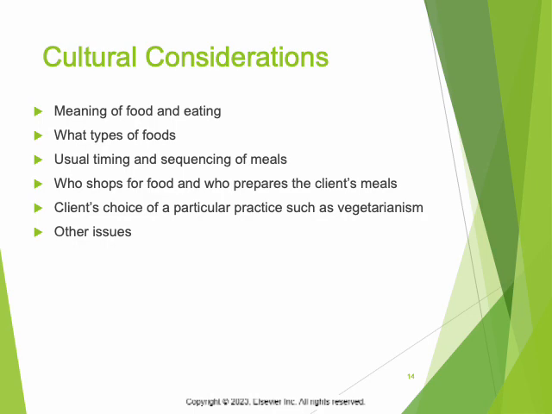Other things to consider is if they have any preferences and limitations of food, so if their choice is to be vegetarian or vegan versus the need to perhaps have a gluten-free diet because they have a disease process that warrants that. So trying to really understand and pinpoint what is important to the patient.